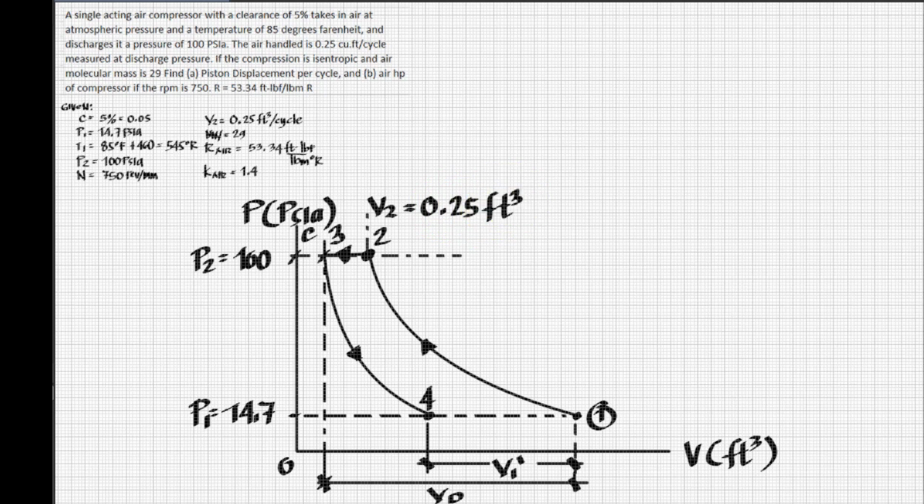Okay, so let's go back to the question here. We're looking for the piston displacement per cycle. Now, for letter A, when we say piston displacement, how much is the volume being displaced? So we're looking for your PD. So that is what is being asked in the problem.